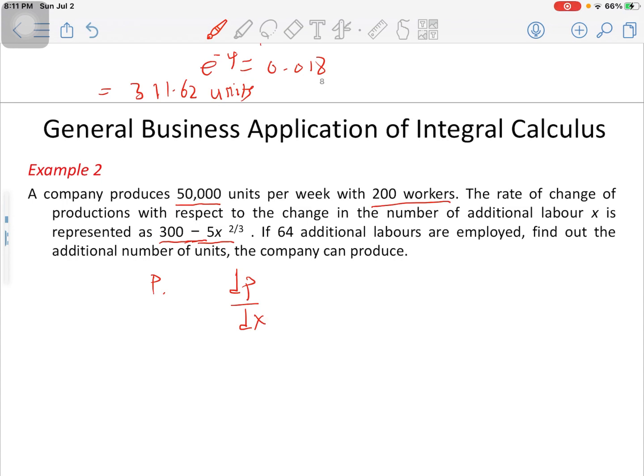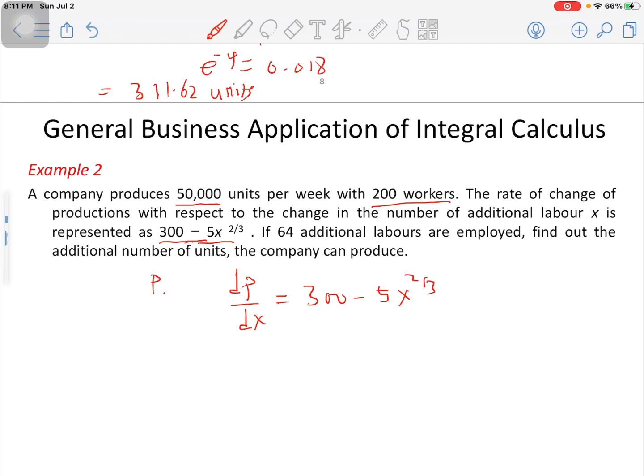So they are saying that the rate of change of production is 300 minus 5x exponent 2 over 3. So now we have our rate of change of production. So if 64 additional laborers are employed, find out the additional number of units the company can produce.